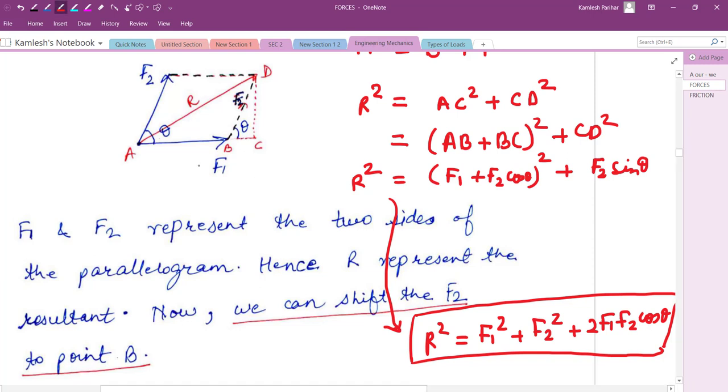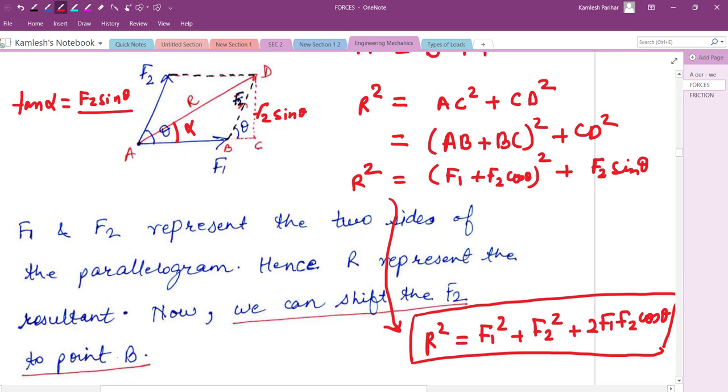Now I need to find the angle of the resultant. Say this angle is alpha. How can you find it? It is very simple. tan alpha is perpendicular upon base. Perpendicular is CD, which is equal to F2 sin theta, upon base, which is AB plus BC.